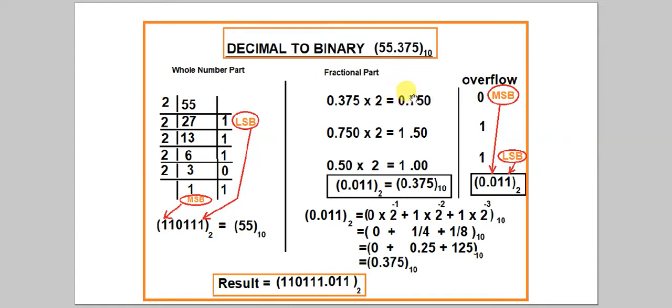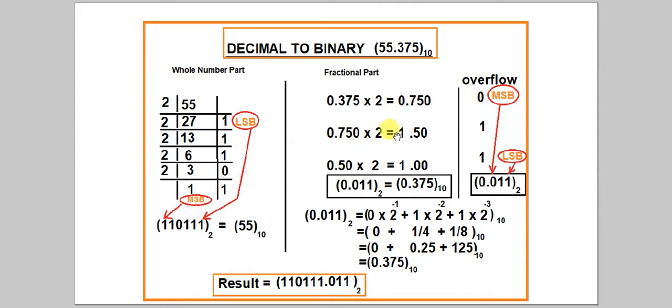Here the overflow means whatever number we get on the other side of the decimal point, we put over here. If we don't get any, we put 0. In this case 0.75, we don't have an overflow, so we put 0 over here.